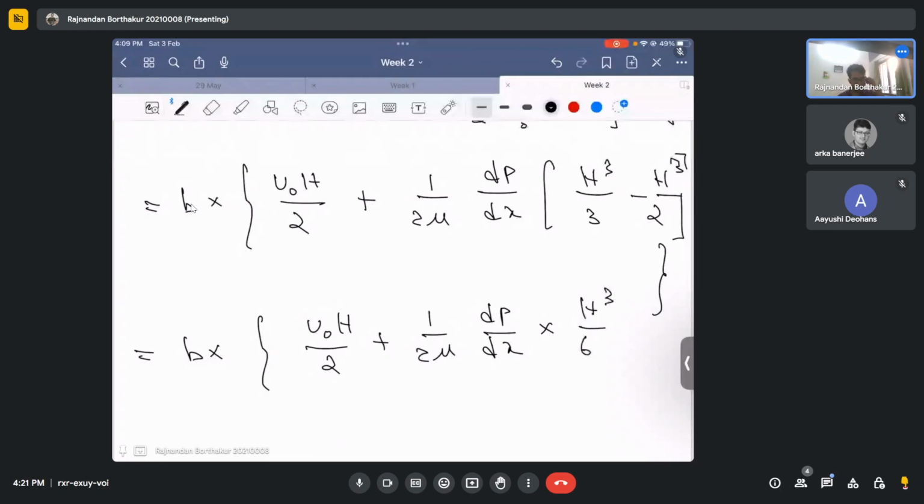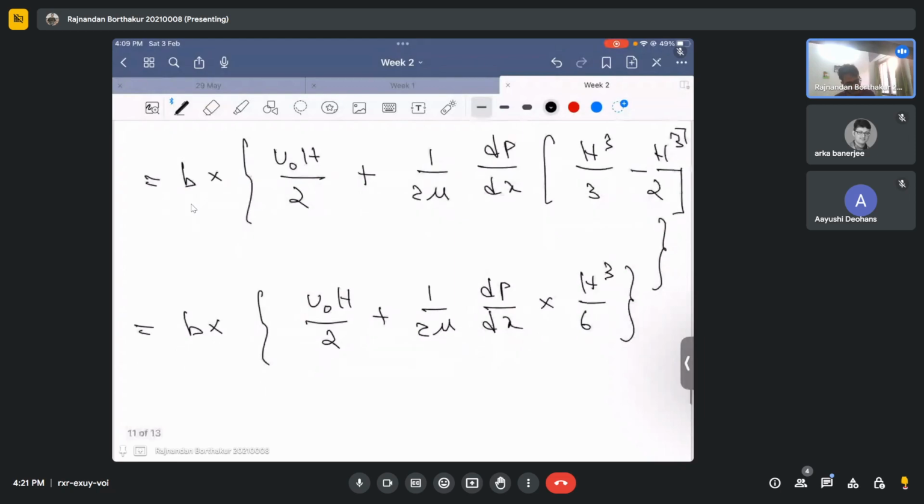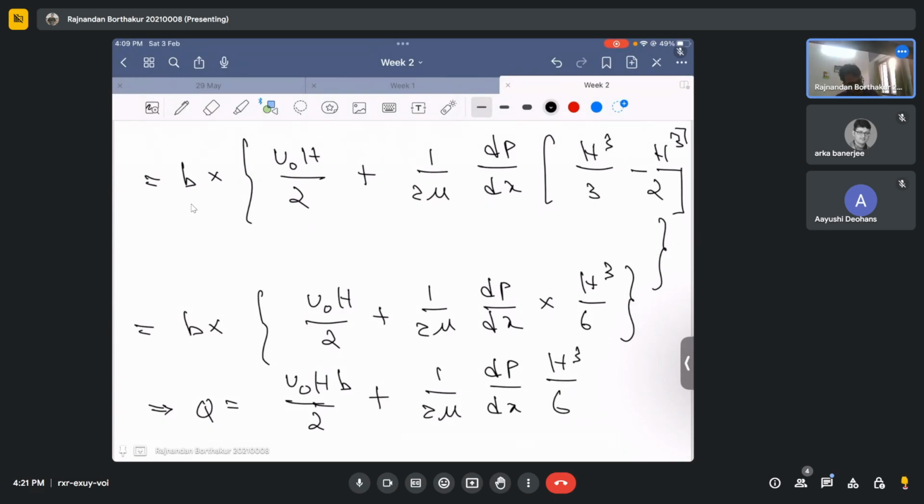All right. And then if you simplify, you will eventually get the volume flow rate Q, which will be equal to u naught h b by 2 plus 1 upon 2 mu dp dx into h cube by 6. So that's the answer of the volume flow rate.